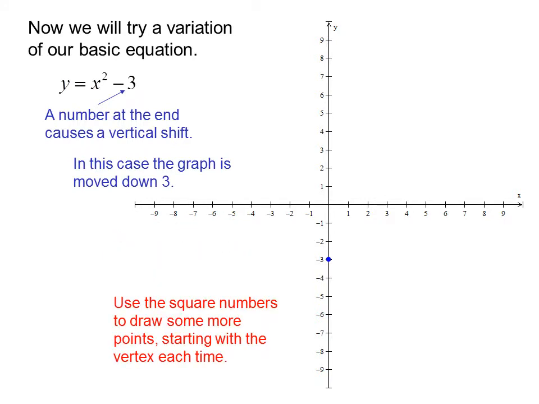We use the square numbers to draw some more points, starting with the vertex each time. First, starting at the vertex, we go over 1 and up 1. This gives us a dot at 1, -2.